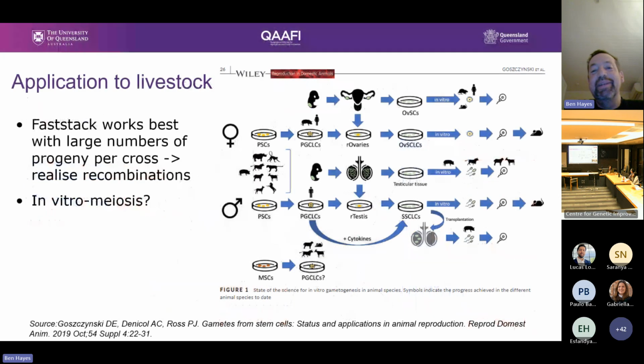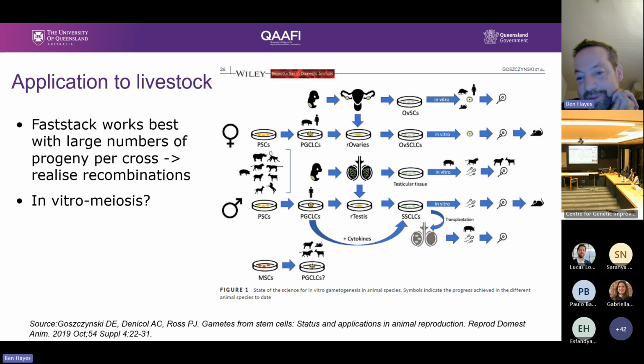As I said, we haven't actually done this in livestock yet. It would be very interesting to do that. The problem is that you need large numbers of progeny per cross, per mating, to do this, and you need to turn over the generations pretty quick. Otherwise, it's not competitive with truncation selection. So in vitro fertilization is the way forward here.